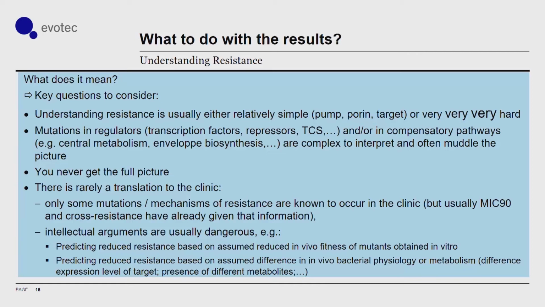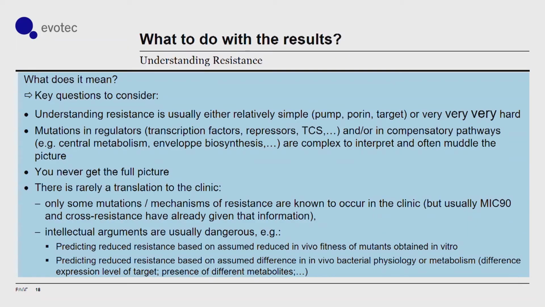The second point is actually the most important one. You usually get intellectual arguments, and those are really dangerous. Like, okay, my mutation will reduce the resistance because there is reduced in vivo fitness, because there is reduced virulence. Sure, it's a nice argument, and usually it's hard to buy. Basically, people will always have a suspicion.